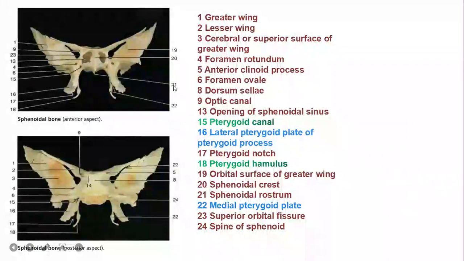So this is the same image, just to refer to the parts which we've been able to see. The part labeled 15 is the pterygoid canal. The part labeled 16 is the lateral pterygoid plate of the pterygoid process. The part labeled 18 is the pterygoid hamulus. And finally 22 is the medial pterygoid plate.